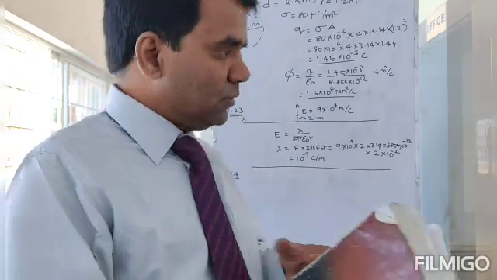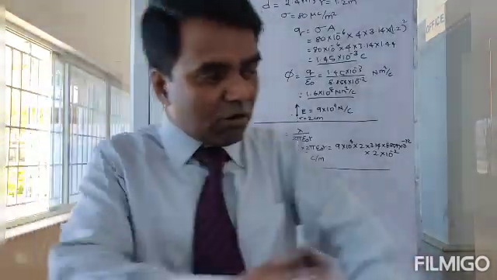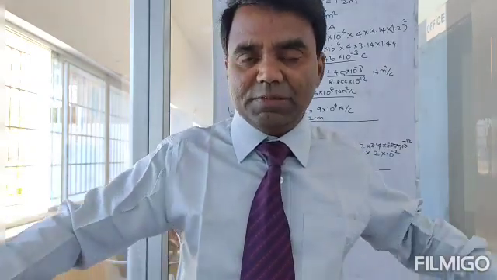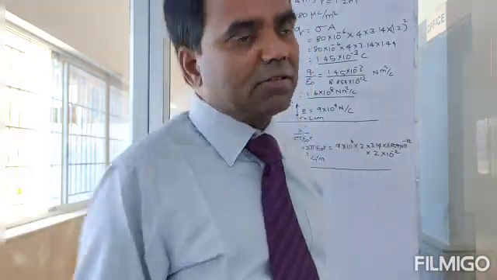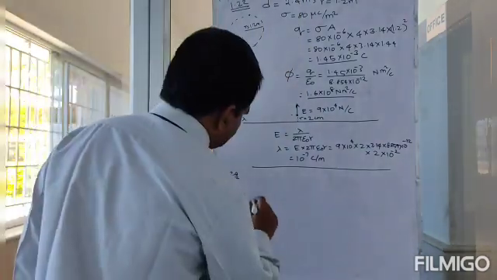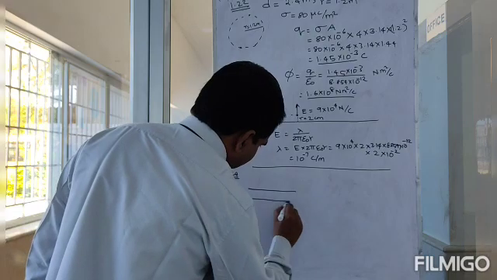Okay, so two large thin metal plates, meaning you can treat them to be an infinite plane sheet. Okay, so two thin large metal plates with opposite charges. So there is a plate here and there is also a plate here.